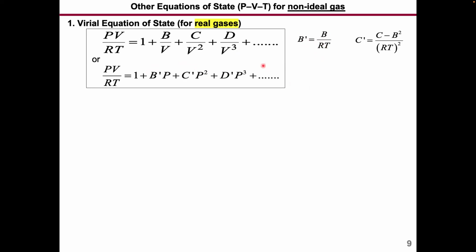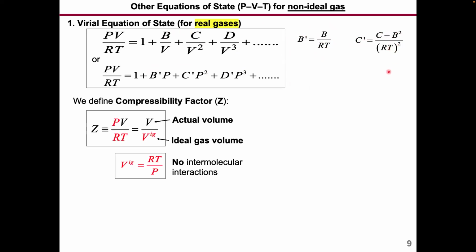If you do the exchange, B prime is equal to B divided by RT, and C prime is equal to C minus B squared, divided by RT squared, okay? So this is the virial equation of state for real gas.